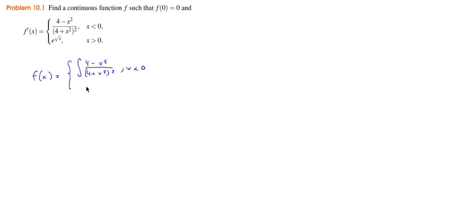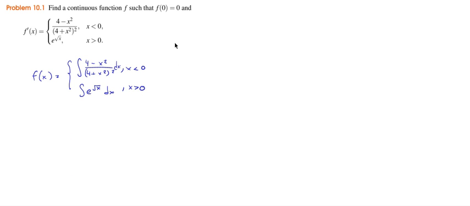When x is negative, and then this is the primitive of e to the square root of x dx when x is greater than 0. And we have to choose the particular primitive so that the value of this at 0 is 0 and the value of this at 0 is 0. Okay, and so that the two parts connect.